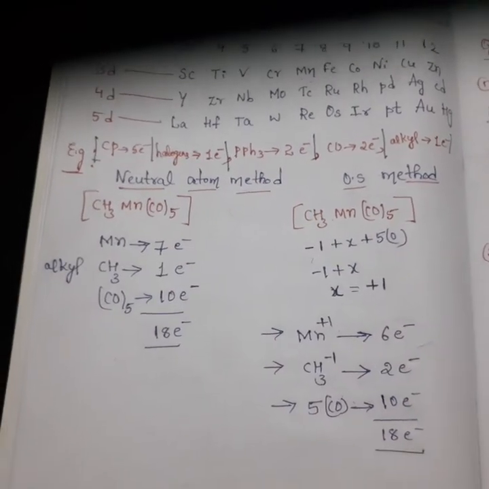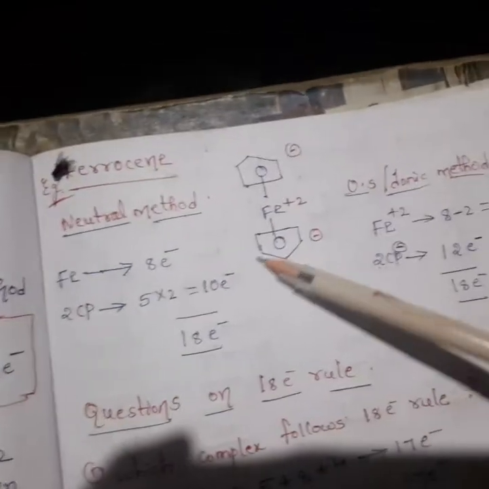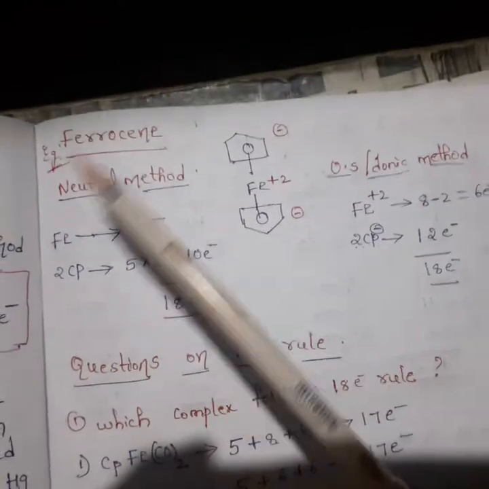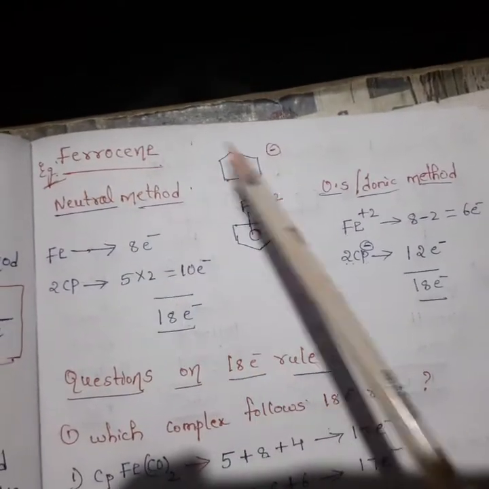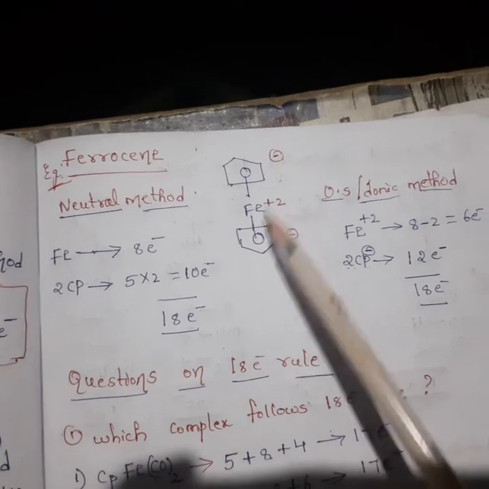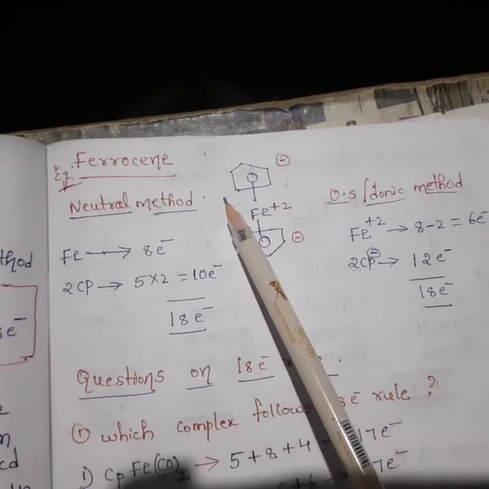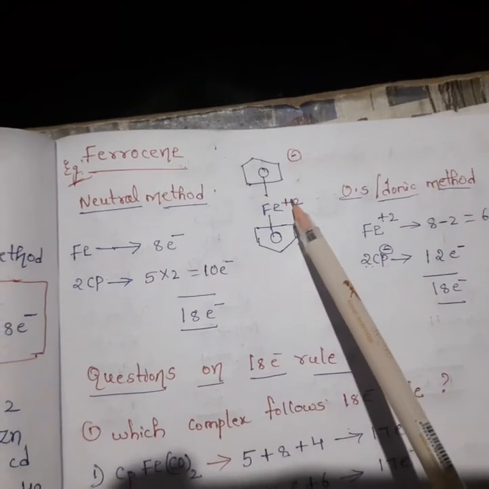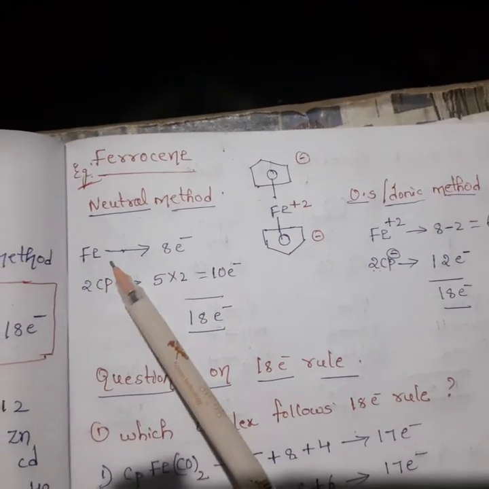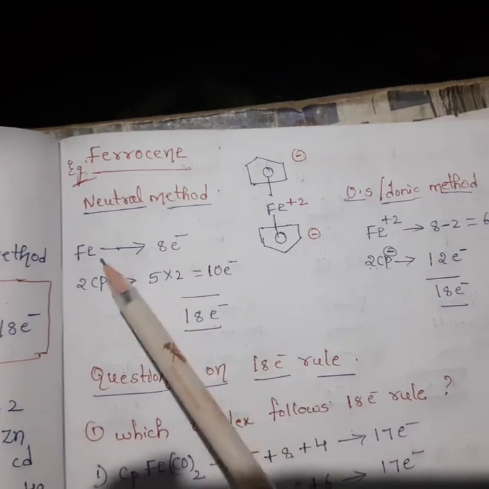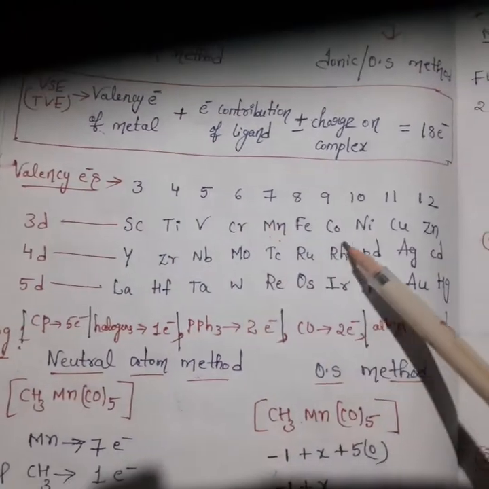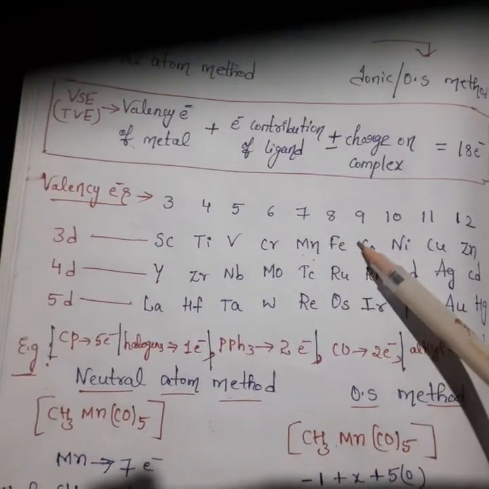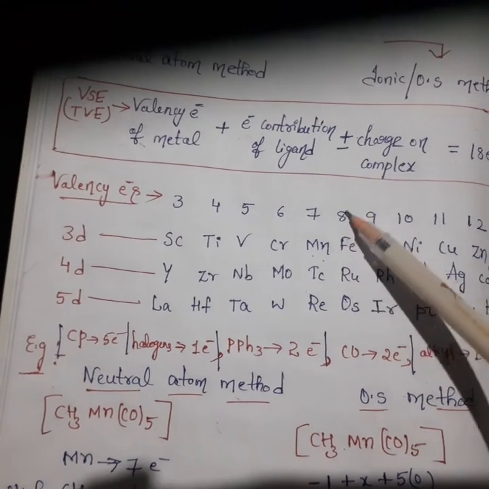Okay, let us see one more example. This is ferrocene. Ferrocene is a sandwiched complex, already we know this. Let us see both the methods for this ferrocene also. Here this is the iron, and the valence electrons present in the iron is 8.